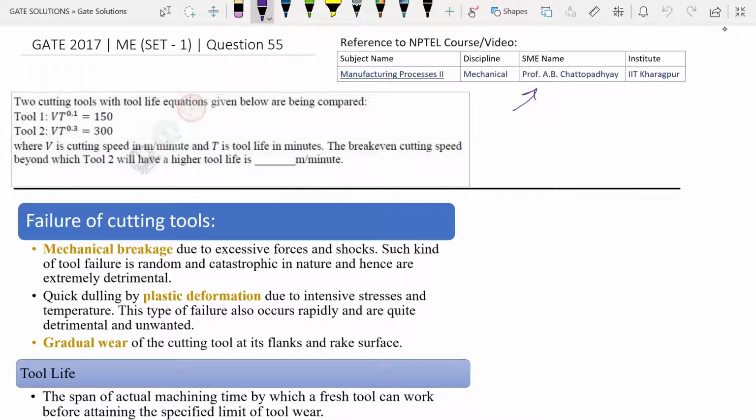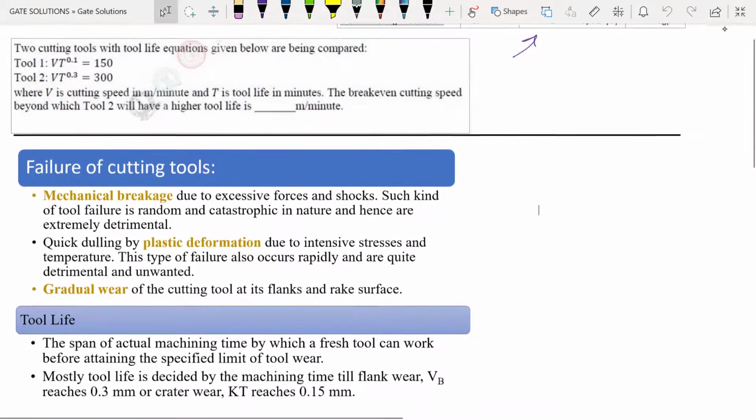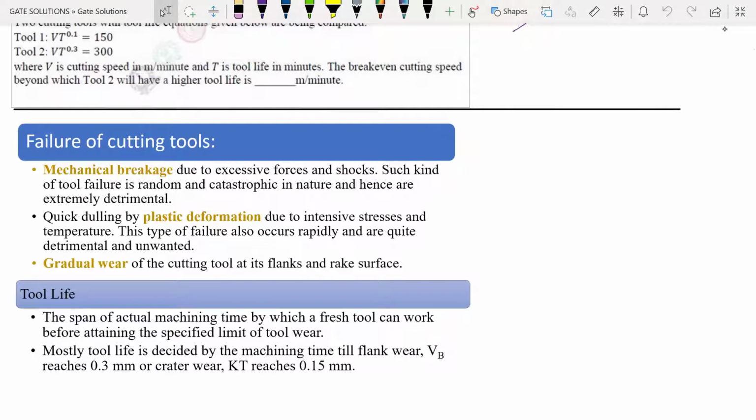First we need to understand the failure of a tool, how it happens. Generally, failure of tools has three main reasons, that is mechanical breakage, plastic deformation, and gradual wear. Mechanical breakage is due to extensive forces and shocks, and it is random and catastrophic in nature and hence extremely detrimental.